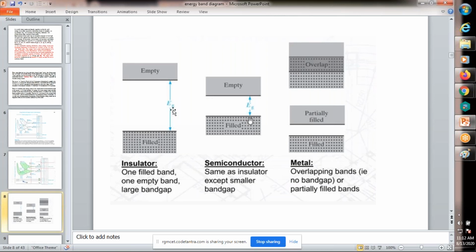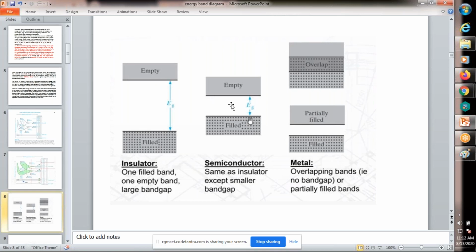The band gap for insulators is very high, nearly greater than 5 to 7 electron volt. It is very difficult for an electron to jump from the valence band into the conduction band in an insulator. So there is no movement of electrons here, so there is no electricity in insulators.